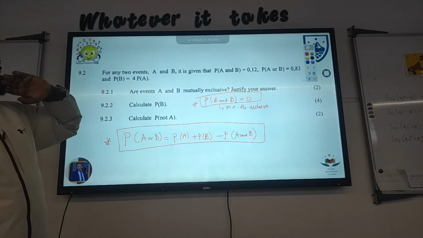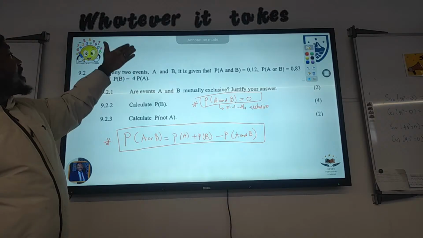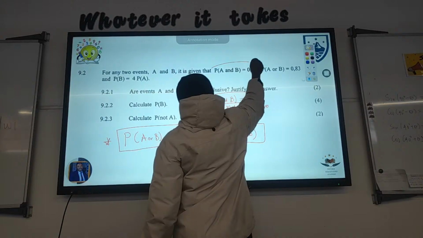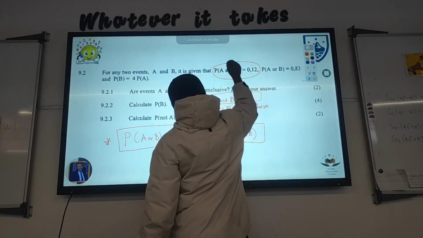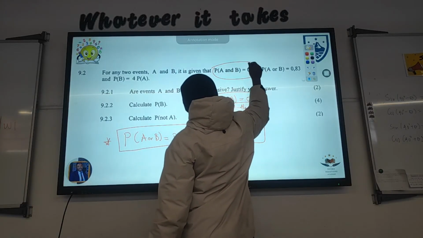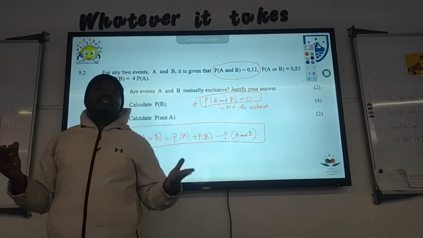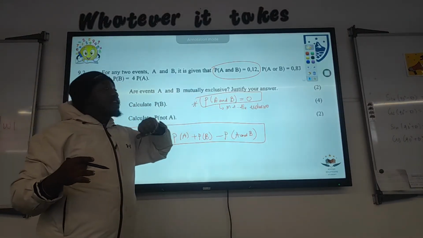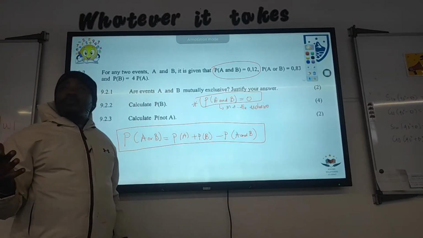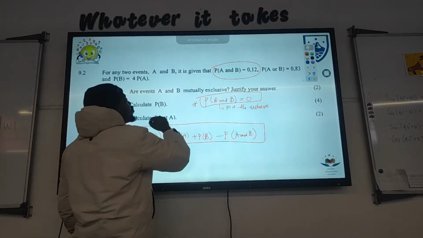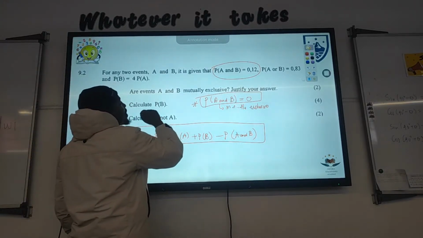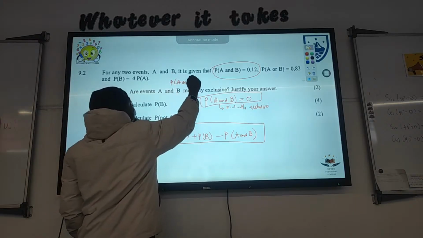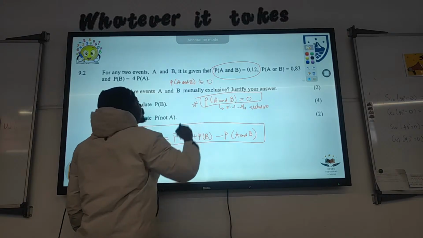Now in this scenario that we have, already we have two events, A and B. It is given that P(A and B) is 0,12. So from this given part, we know that the probability of P(A and B) is 0,12. It's not 0. Do we see that? So if they ask you, are the events A and B mutually exclusive? You will say, no, they are not mutually exclusive. If they ask you why, you can say P(A and B) is not equal to 0.